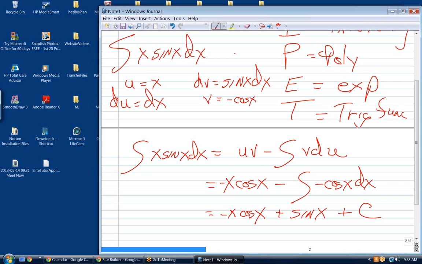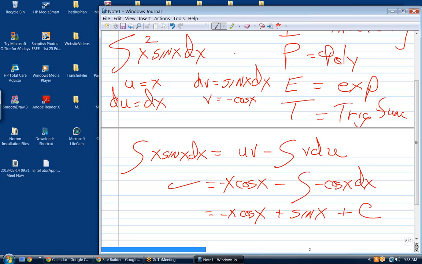Now, these can get particularly tricky if we were to have started with x squared. By the time we get to this step, we're going to have narrowed it down to an integral of x cosine x, which means we would need to do another iteration.